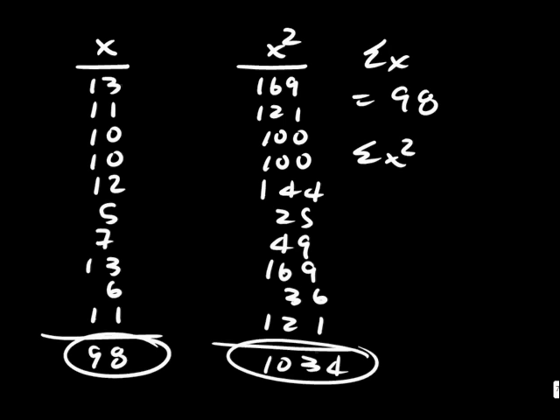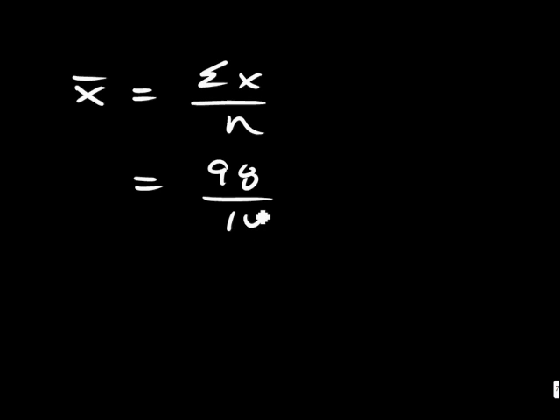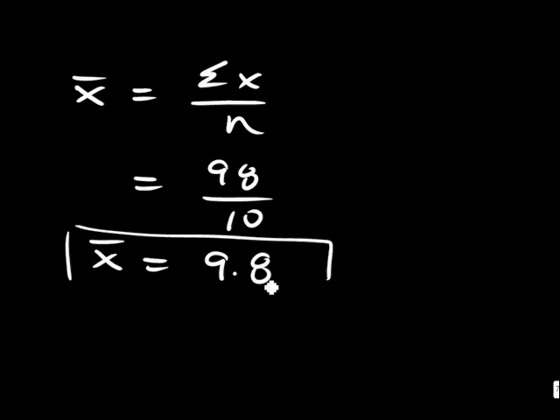So, computing the sample mean, which is the sum of the data divided by the sample size, 98 divided by 10 gives us a sample mean of 9.8. In order to estimate the variance or standard deviation, we really don't need that sample mean.